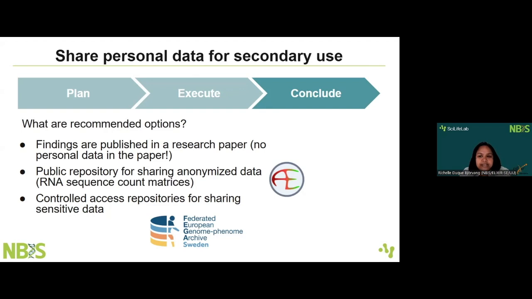For example, here is ArrayExpress as a repository, because this has, for example, aggregated data or RNA sequence count matrices. Then we have the controlled access repositories for sharing sensitive data. And in Sweden, we're happy to present FEGA Sweden, which is the Federated European Genome-Phenome Archive Sweden, a national repository for sharing sensitive personal data from Swedish life science research.